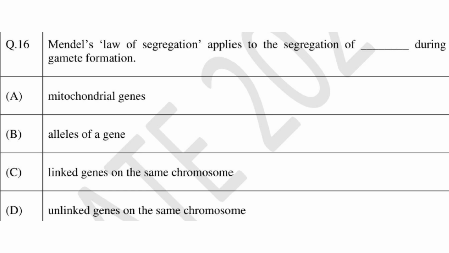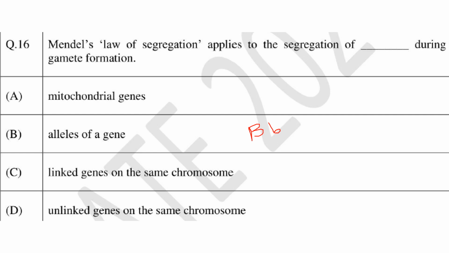That is, if you have capital B and small b as alleles, they separate from each other during meiosis. They are the two alleles of the gene, and each gamete receives only one allele.